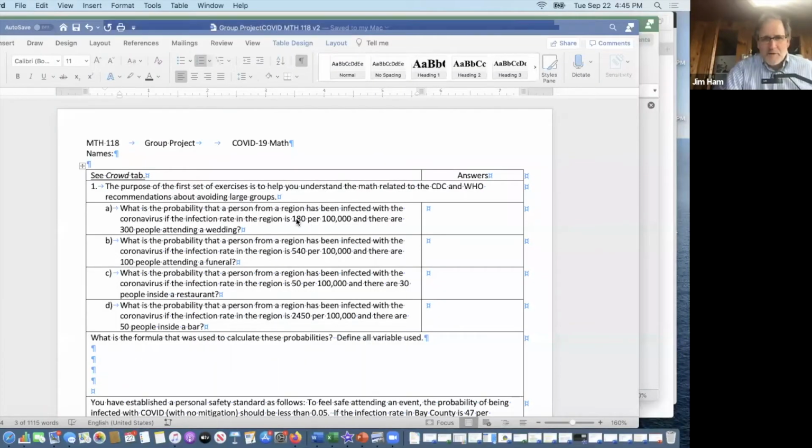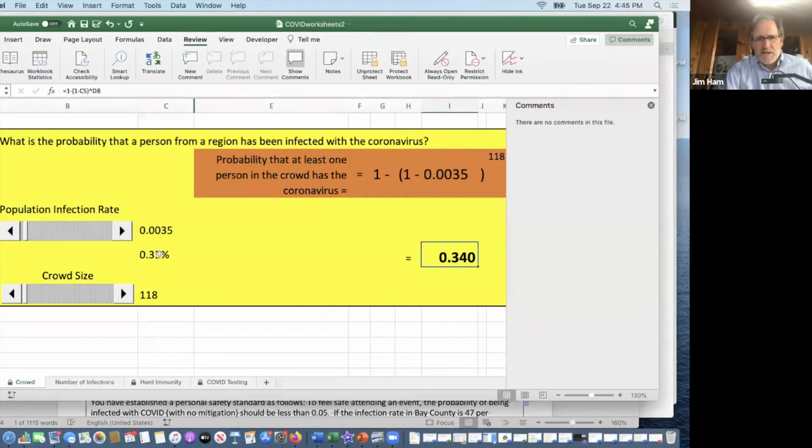And okay, so this 180 per 100,000, we're going to enter as 0.0018, and then we have 300 people. So we're going to come to the spreadsheet, and we're going to take this number down to 0.0018 right there.